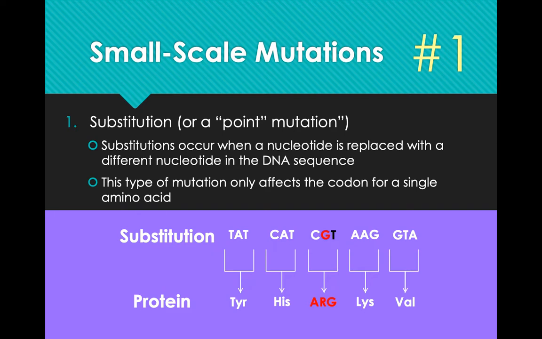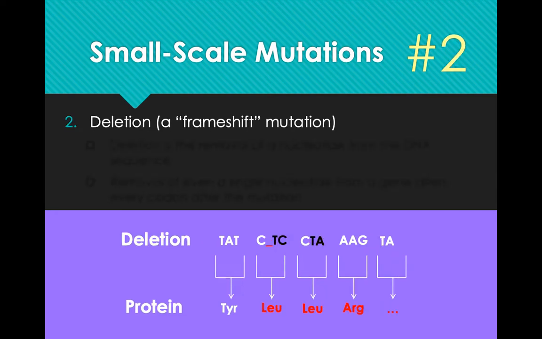Sometimes it's called substitution, so you may see that as well. It just occurs when one nucleotide is replaced. And then sometimes you end up with a new amino acid. In this case, it codes for a different amino acid.